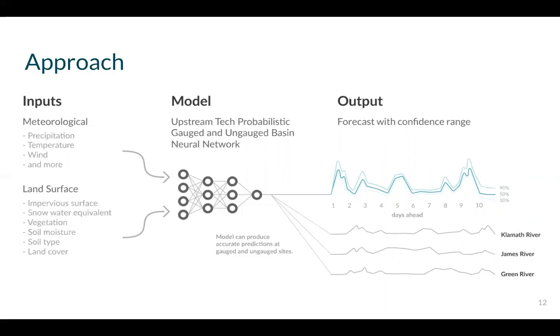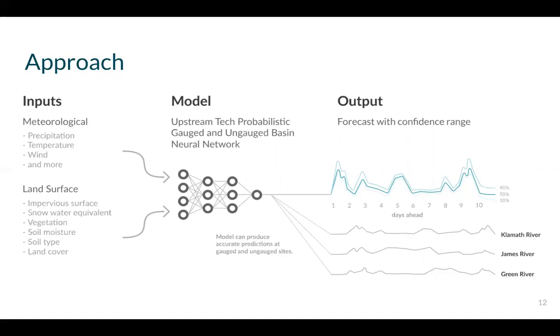So this is your precipitation, your temperature, humidity, wind, pressure, all of that. In addition to that, we also input satellite data that can tell our model things about the land surface. So how much vegetation is there? How much snow cover is there? What land cover types are there? What are the soils like? And this can tell our model information that it needs to understand how weather is going to interact with the land to ultimately produce streamflow.